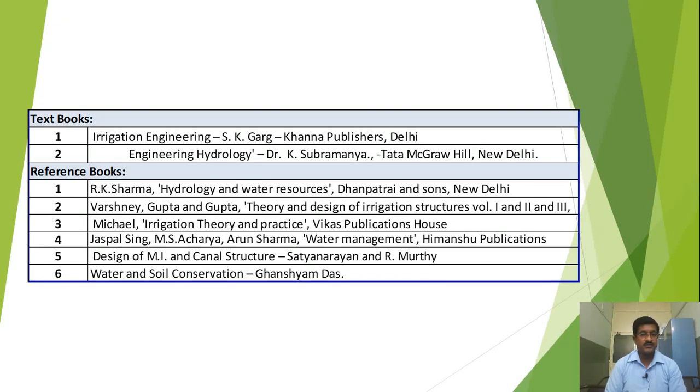The reference books are also there: Hydrology and Water Resources by R.K. Sharma, Varshney and Gupta, Theory and Design of Irrigation Structures, 3 volumes, then Irrigation Theory and Practice by Michael, then Jaspal Singh and Acharya, Water Management, Design of Minor Canal Structures by Satyanarayan and Murthy, and Water and Soil Conservation by Ghansham Das. So these are the good books which are available, and the subject is very interesting.